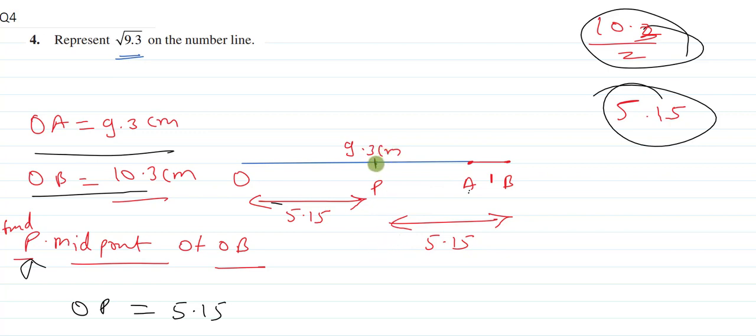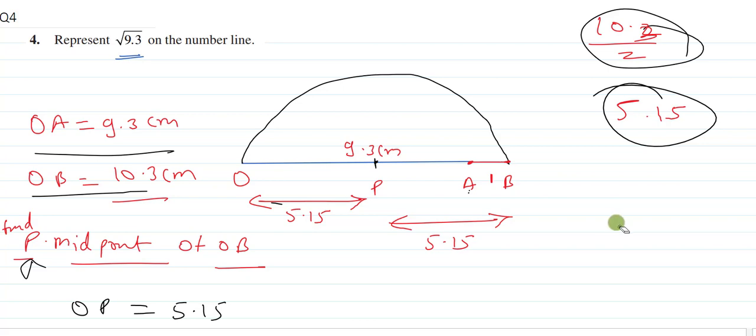Now take P as center and draw a semicircle with OP as radius. Take a distance of 5.15 in the compass, put the sharp point here and draw with the pencil.